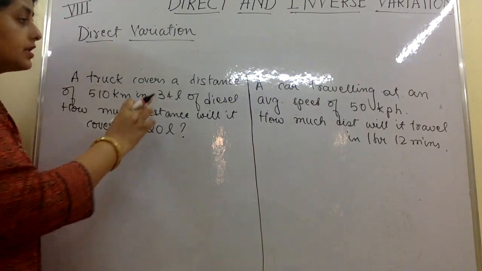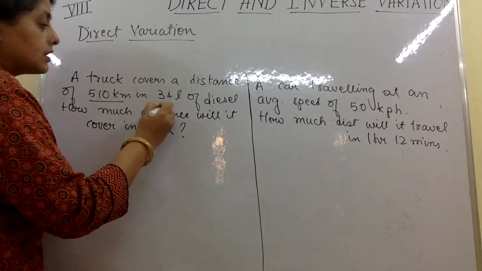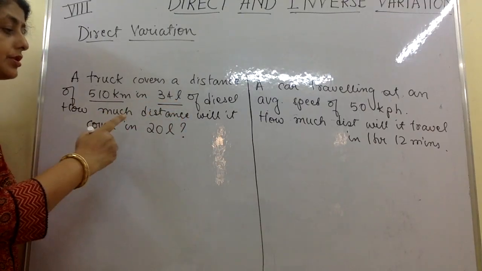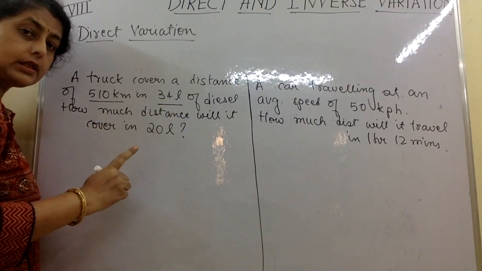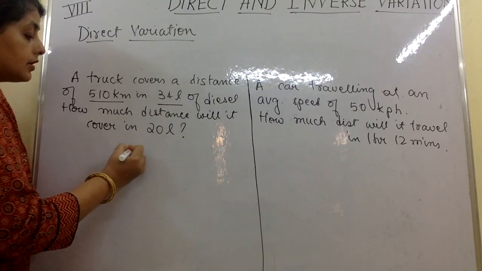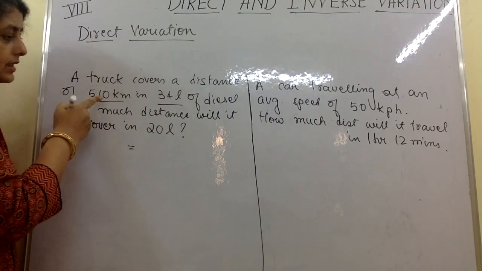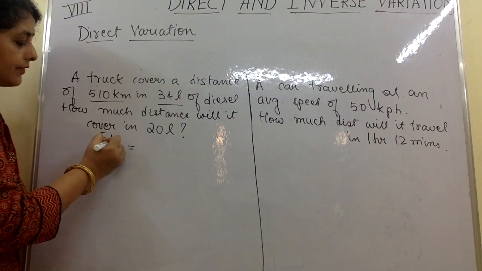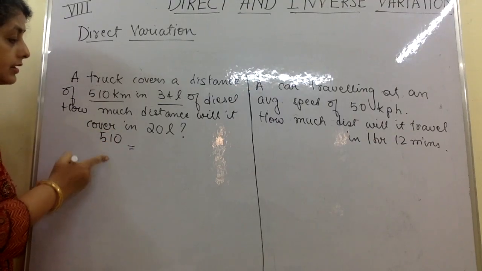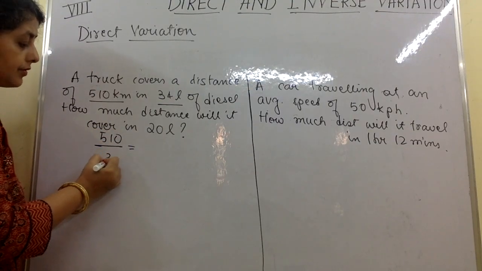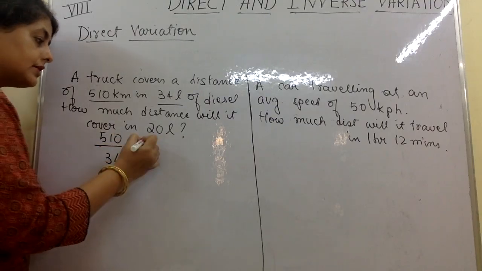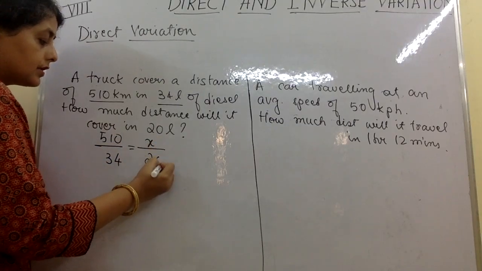A truck covers a distance of 510 kilometers in 34 liters of diesel. How much distance will it cover in 20 liters? Okay, so here this is distance 510. Here is diesel. So here also I will write distance first, which I don't know now, and this.